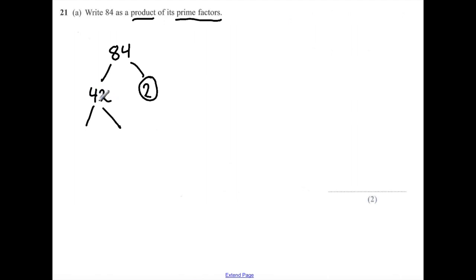Again, two numbers that you multiply together that give us 42: it's 21 and 2. 2 is a prime number. I'm going to circle that. 21 isn't a prime number, so it can be broken down further. Again, two numbers that you multiply together that give us 21: 7 and 3.